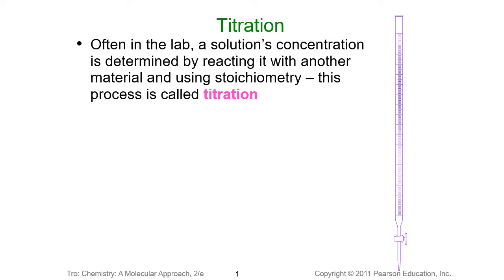We add the known solution to the unknown solution until we reach the stoichiometric ratio. So what that means is we're going to add one of the compounds until the reaction is just complete. And that's what we call a titration.